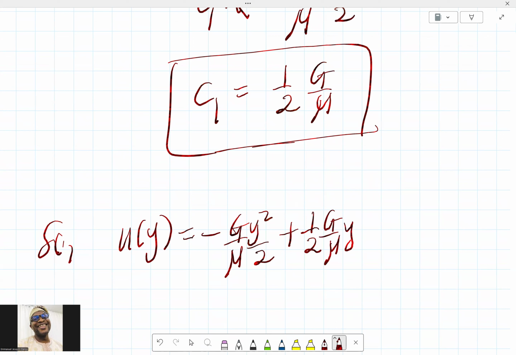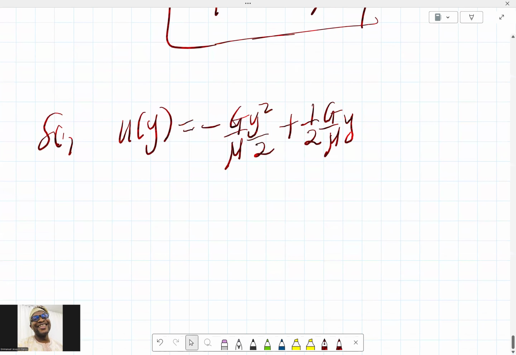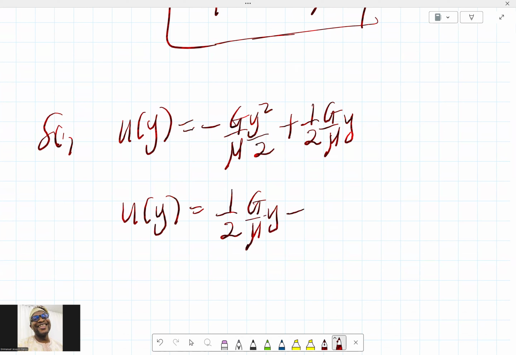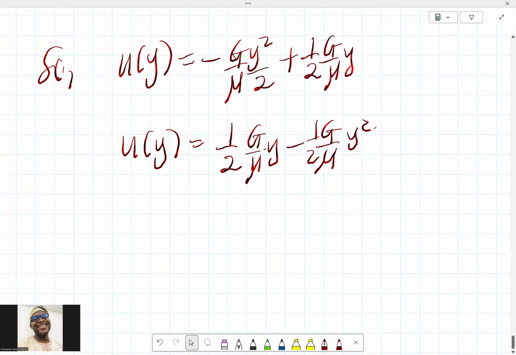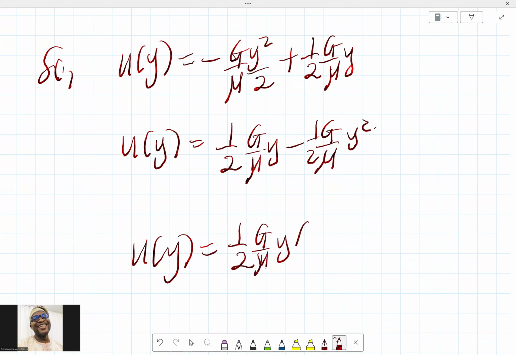And of course, c2 is 0, so we don't worry anymore. So I can rearrange this and say u of y is equal to half g over mu y minus g over mu y squared over 2 still. The half can still come out. So u of y is now 1 over 2 g over mu y into 1 minus y, like that.